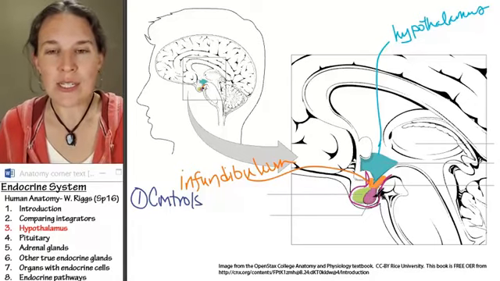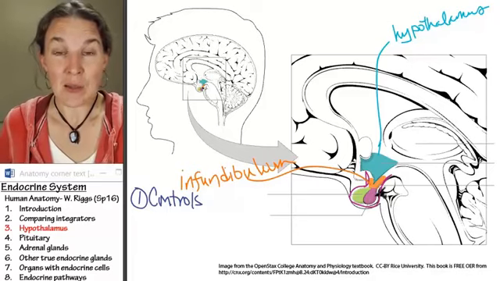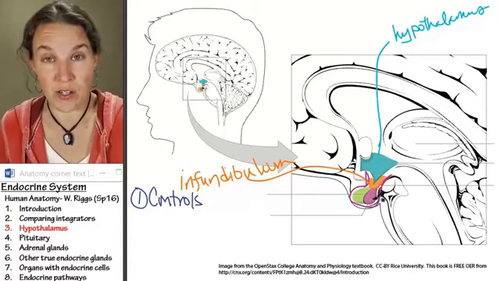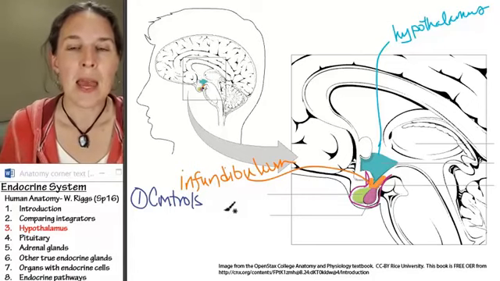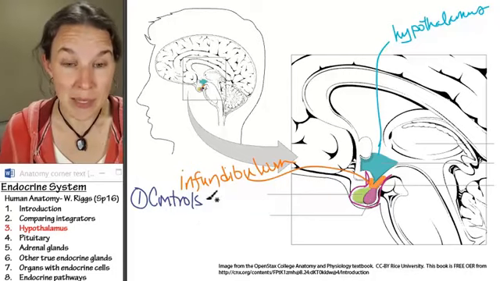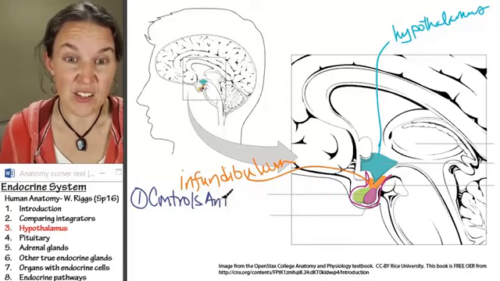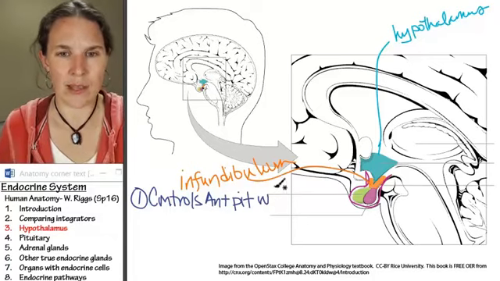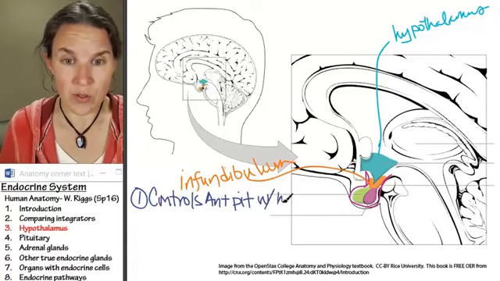So I'm going to say the hypothalamus is linked anatomically to both the anterior and posterior pituitary glands. But the hypothalamus literally controls the anterior pituitary with hormones.